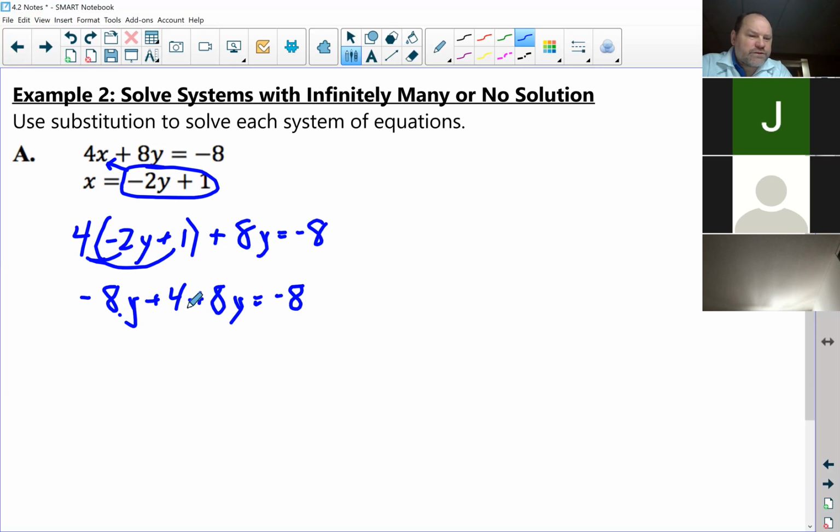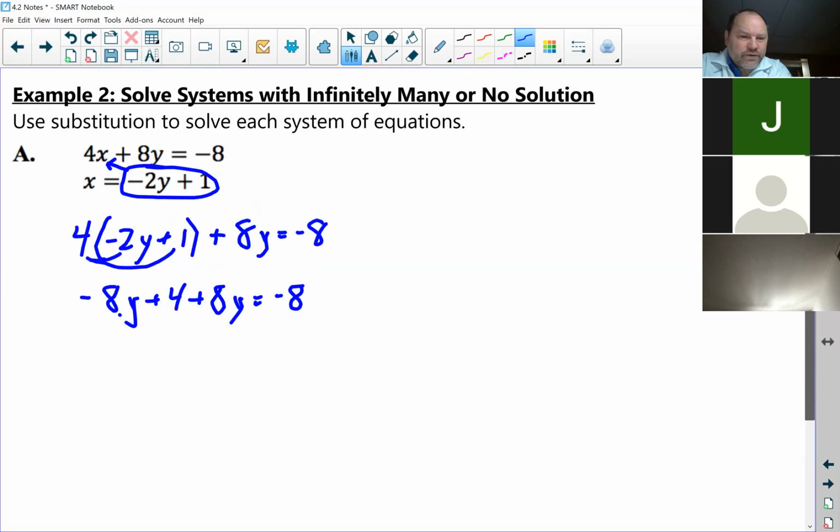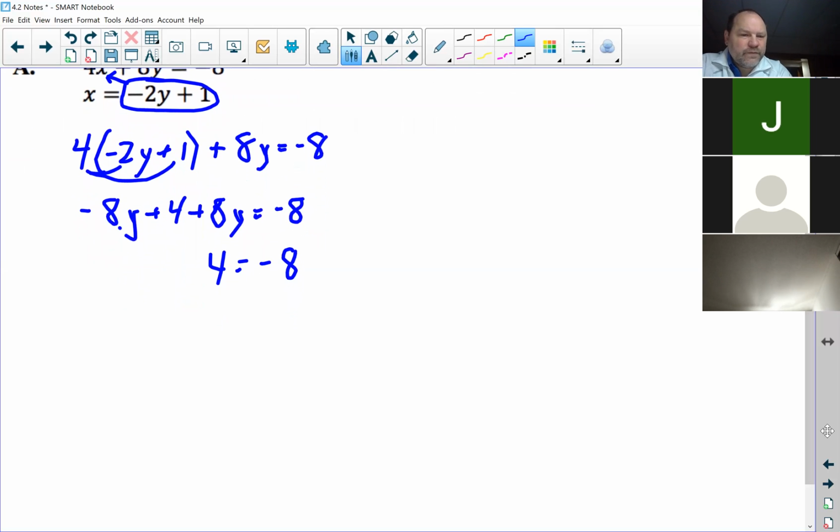Combine my like terms. Negative 8y plus 8y is 0. So I get 4 equals negative 8. That statement is never true. So this would be a case where we would have no solution.